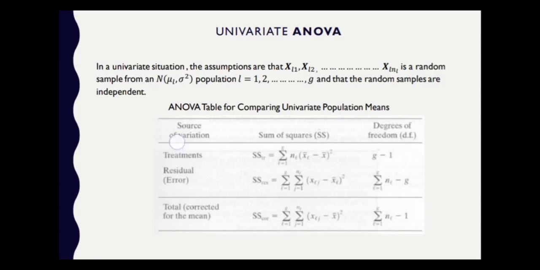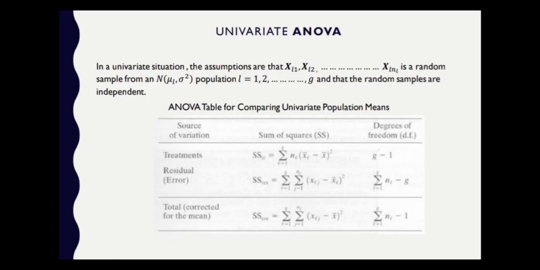So we proceed with a bit of flashback, or revision, about the univariate ANOVA. We talk about the univariate ANOVA, so all the X here are not in bold notation, because for univariate, we only have one variable.